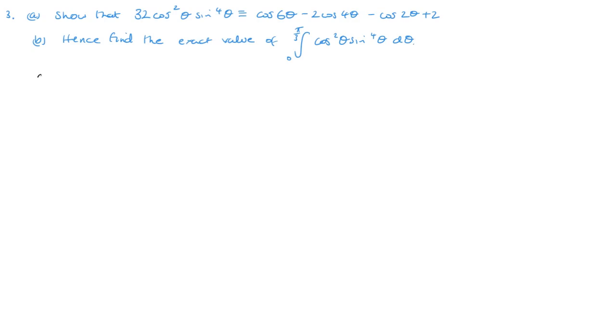So for this one, there is kind of the standard way of doing it. So work out cos 6 theta, work out cos 4 theta and cos 2 theta, and put that together on the right hand side and then simplify it, and you should end up with this. But I do feel like there is a quicker way of doing it, and I'm going to show you it now.